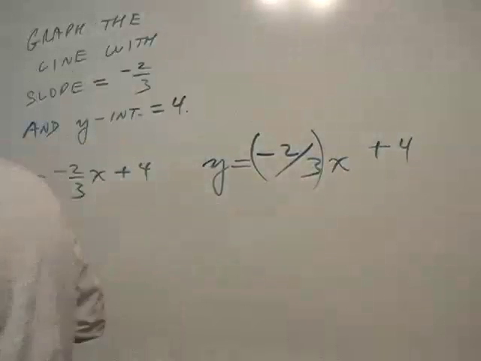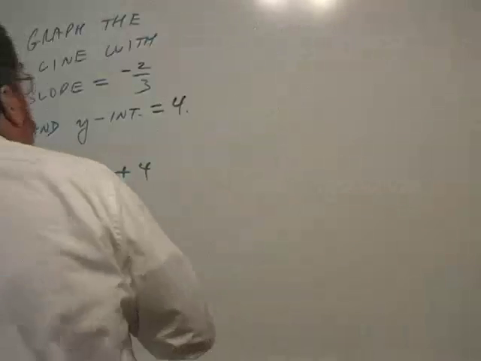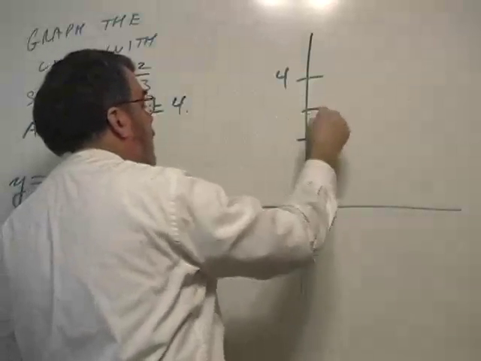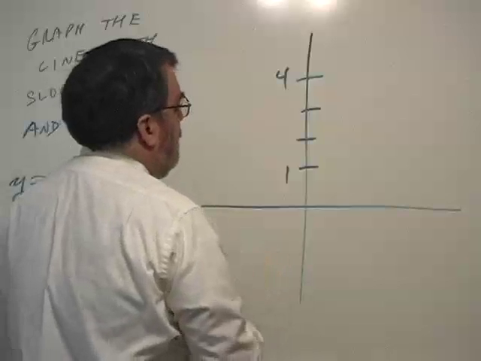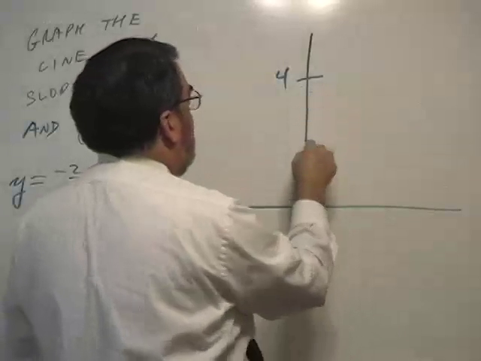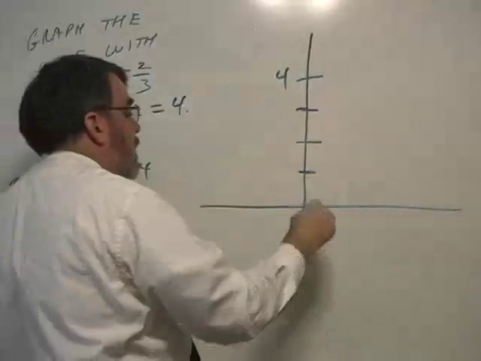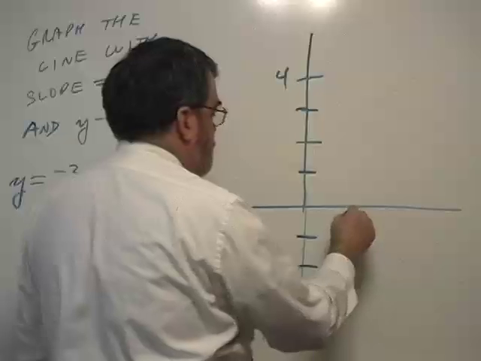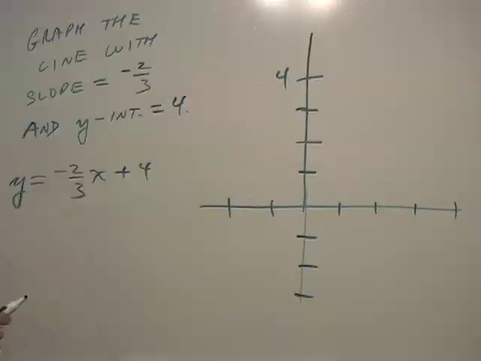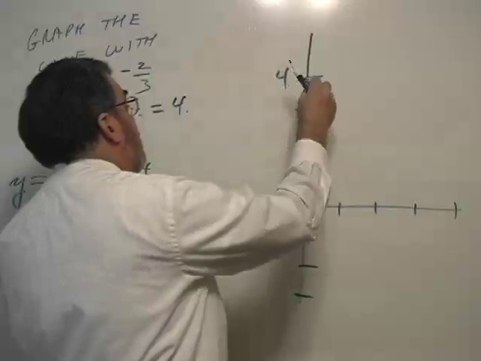All right. So we'll graph this line. The y-intercept is 4. So we'll put it up there. I could do a little better job with my axis here. Okay, that's perhaps a little more even. And the slope is negative 2/3. So I have my y-intercept at 4.